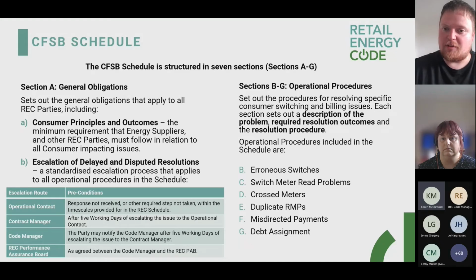If you are in breach of that obligation, there is an escalation to a relevant contact to resolve that. If they fail to resolve that within 5 working days, it gets escalated to the contract manager. There's then after that, if the contract manager fails to resolve the non-compliance, an opportunity where that can be referred to the code manager, and the code manager can consider if a referral to the Performance Assurance Board is required.